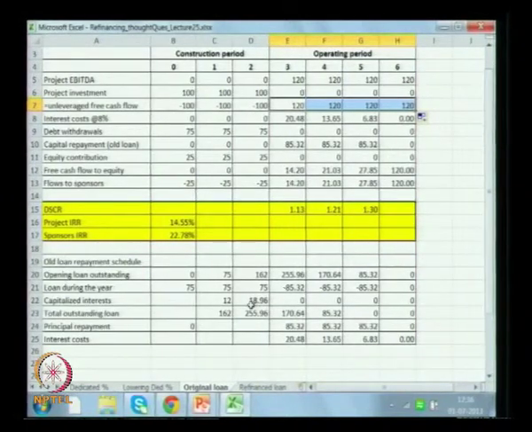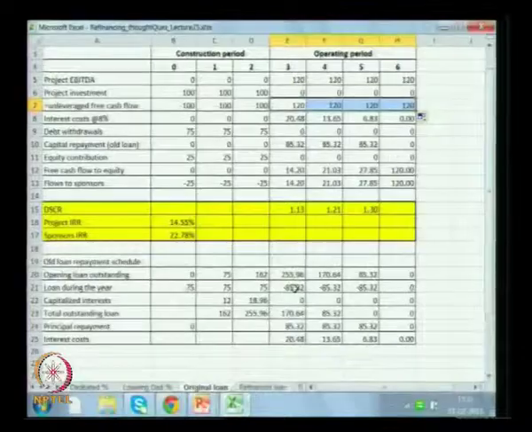So the total outstanding loan at the end of year 2 becomes 255.96. This 255.96 is the opening loan outstanding when the project begins operations. Okay, so when the project begins operations the total loan outstanding is 255.96 and this is the loan amount that needs to be repaid in 3 years.